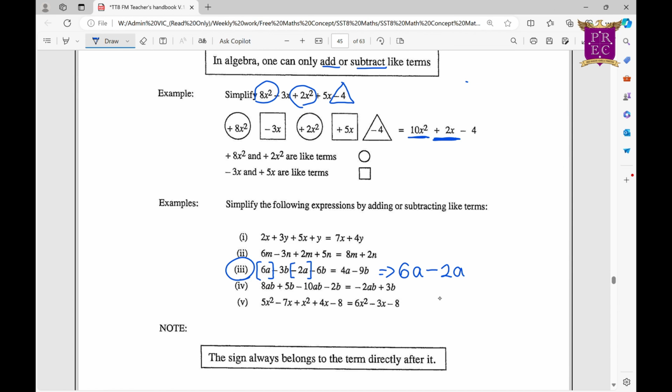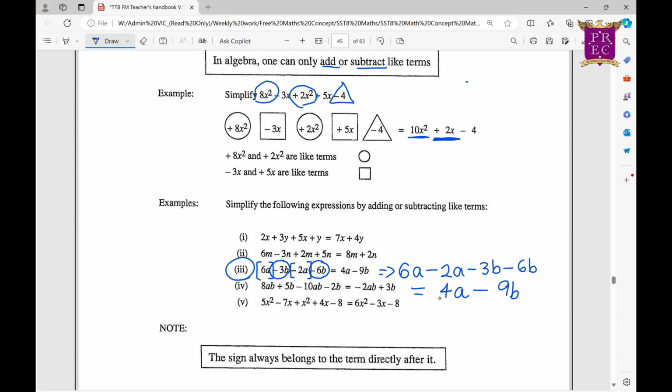So that just becomes 6a minus 2a, and then we will group together the b. So just as a circle, the first one is negative 3b, and the second one is negative 6b. So that is again minus 3b minus 6b. And that just gives us 4a, and minus 3b minus 6b is minus 9b.